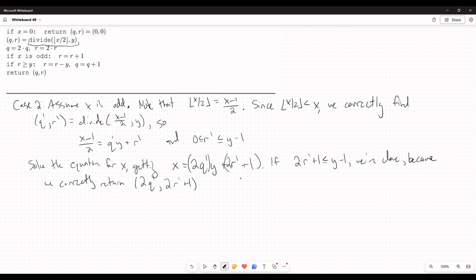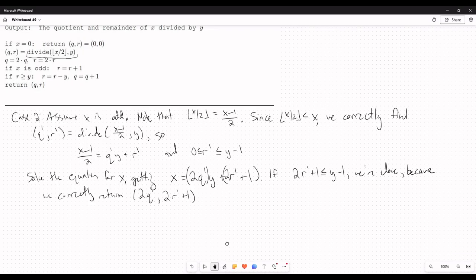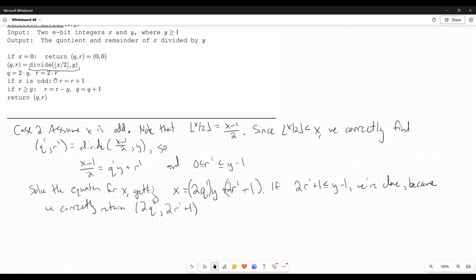And that satisfies all our stuff: x equals 2q prime y plus 2r prime plus 1. And in this case, we're assuming that 2r prime plus 1 is less than or equal to y minus 1, which is obviously also greater than or equal to 0.